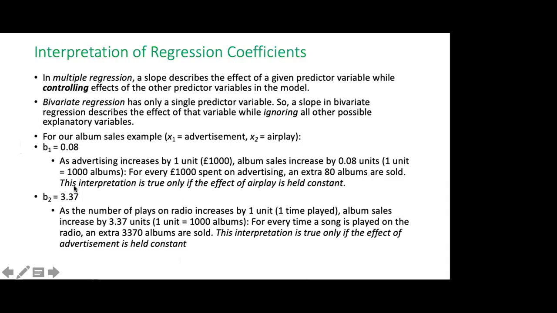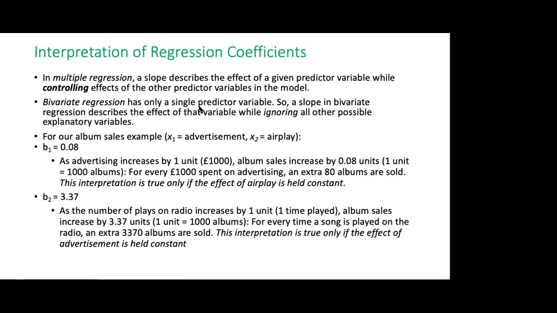What we want to keep in mind, except for this slightly more difficult to visualize hyperplane idea, is that in multiple regression, a slope describes the effect of a given predictor variable while controlling for the other predictor variables in the model. Controlling means holding them constant. What is the change in the outcome variable as this particular predictor changes while holding all other predictors constant?